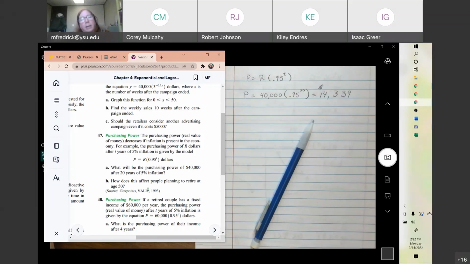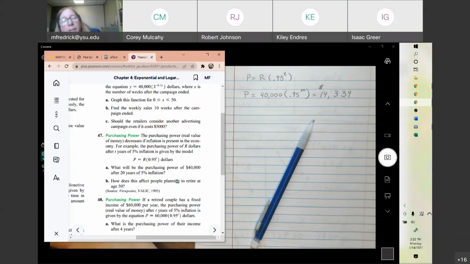This one's asking, how does this affect people planning to retire at age 50? Well, if your retirement doesn't increase with inflation, then it's definitely going to hurt you. If it does give you inflation, or cost of living is usually what they call it, then you'd be okay.